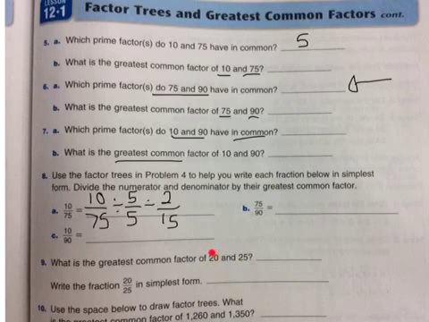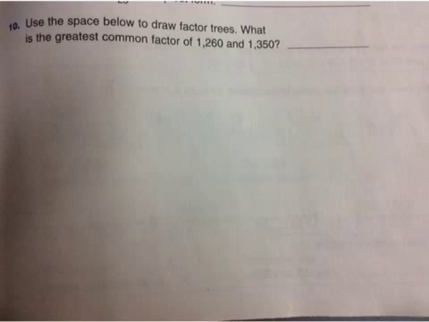This is divisible by 2, not by 3, but it's divisible by 4, and it's divisible by 5. This is not divisible by 2, 3, or 4, but it is divisible by 5. So go ahead, figure that one out, and use that same greatest common factor to simplify this fraction. Question 10. Use the space below to draw factor trees.